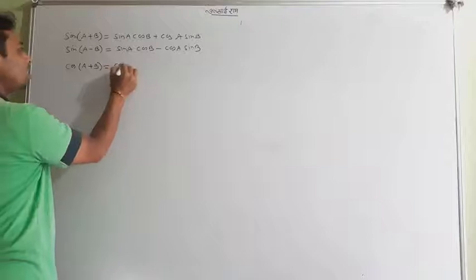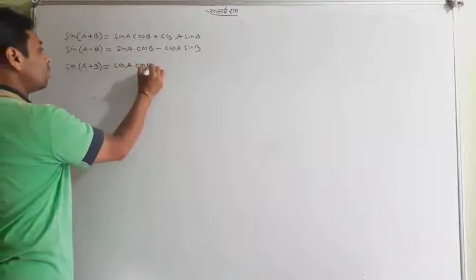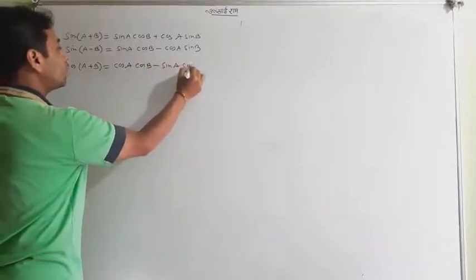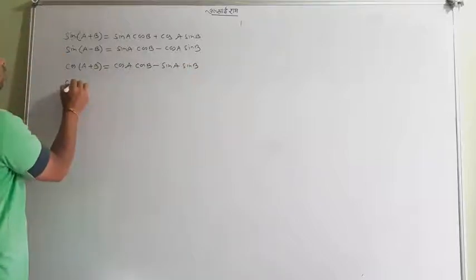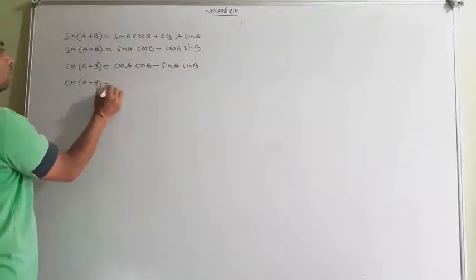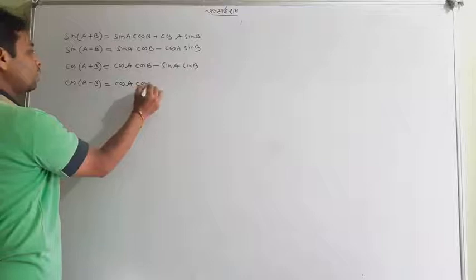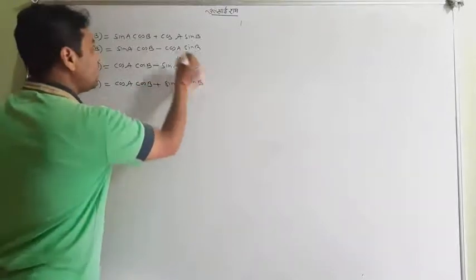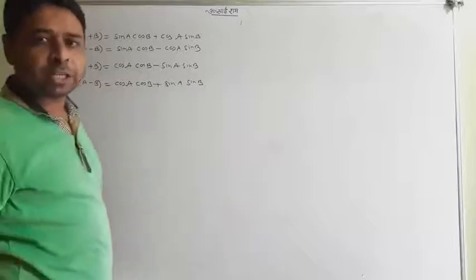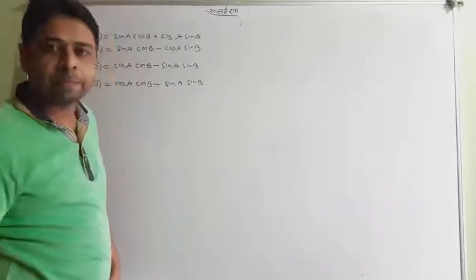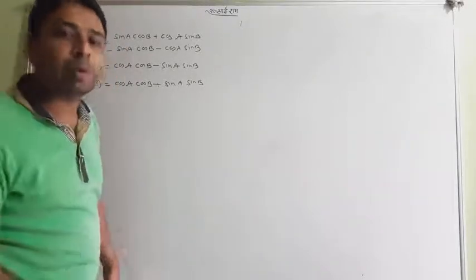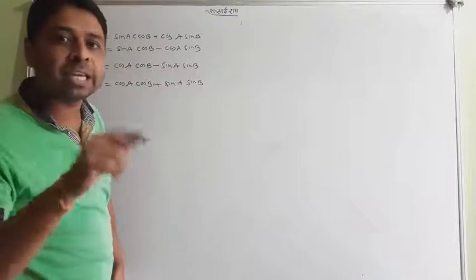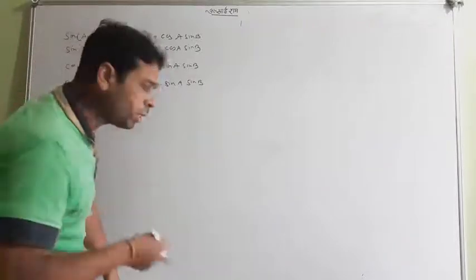You know the formulas; I want to write them again. Cos(A−B) is equal to cos A cos B plus sin A sin B. So till now you have seen that these four are very important formulas. Based on them we have some further formulas. So what I am telling you new is called the CD formulas.